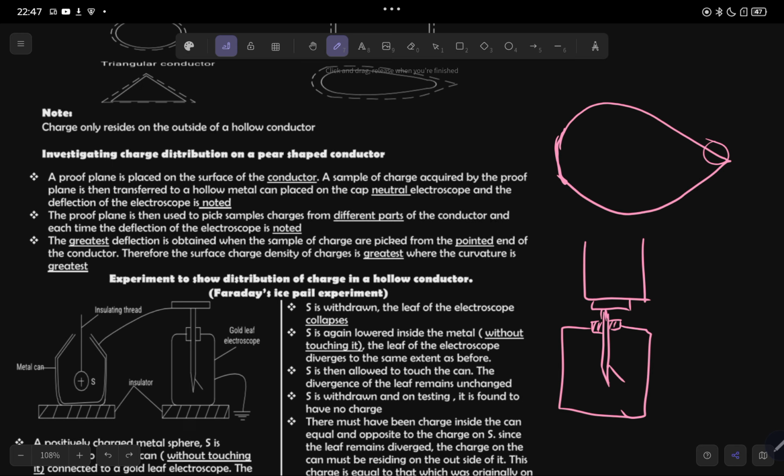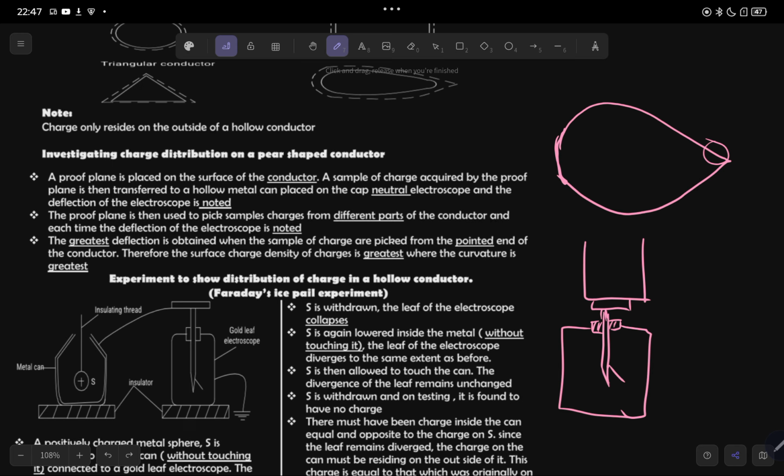When they pick that charge and you lower that proof plane into the hollow can, it will induce charges on the gold leaf electroscope and end up repelling like charges to the gold leaf and the brass rod, and cause deflection. The deflection we observe corresponds to the magnitude of the charge on the proof plane as it was being lowered, and this charge is proportional to the charge residing on the surface on which it was placed.